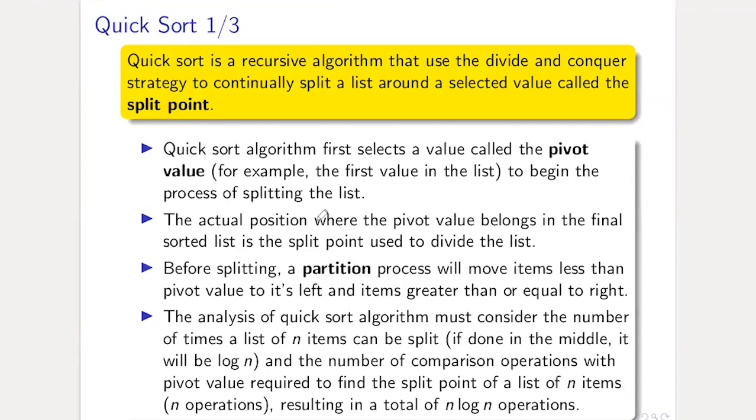When we get the algorithm started, we can use any point in the list as the split point. We can just take always as a standard the first value in the list.